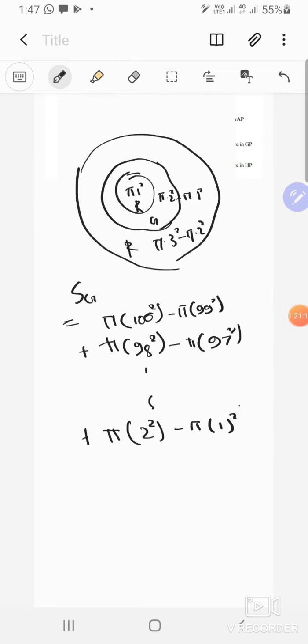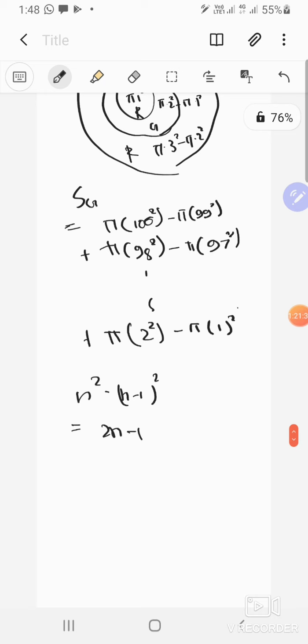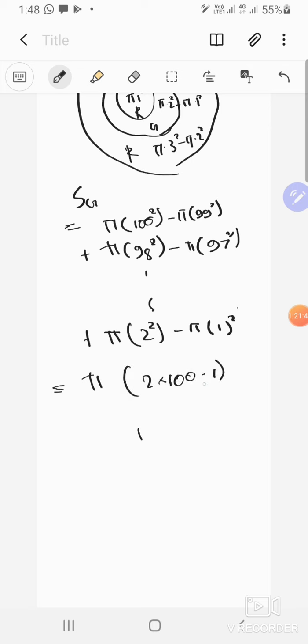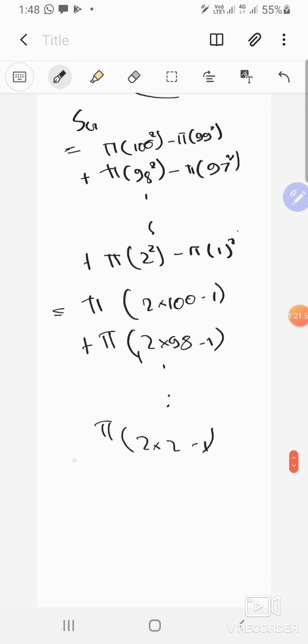I can use the fact that pi of n squared minus n minus 1 squared is equal to pi into 2n minus 1. So this sum is pi into 2 into 100 minus 1, plus pi into 2 into 98 minus 1, and so on till pi into 2 into 2 minus 1.